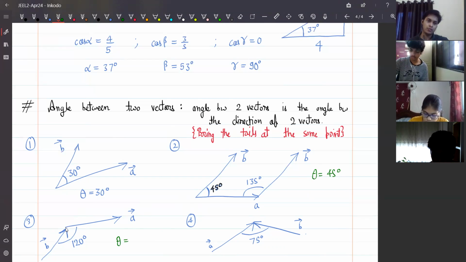For example, you can move B vector ahead. When you move B vector ahead, this is the angle between the two vectors. Here, what we did, we moved the vector in this direction.